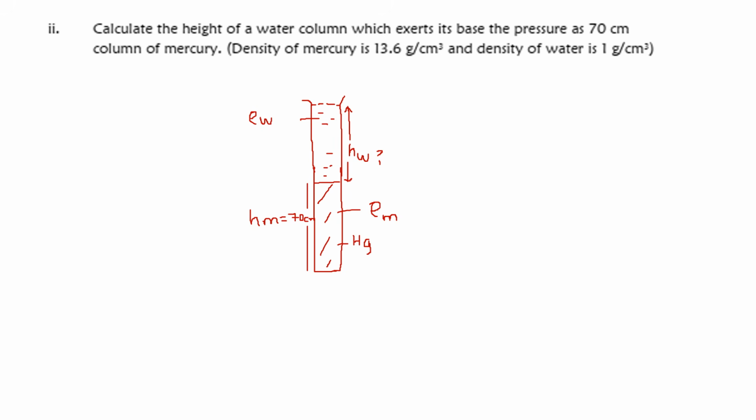And rho w is 1 gram per cubic centimeter, while the density of mercury is 13,600 kilograms per cubic meter, or 13.6 grams per cubic centimeter. So this is the setup.